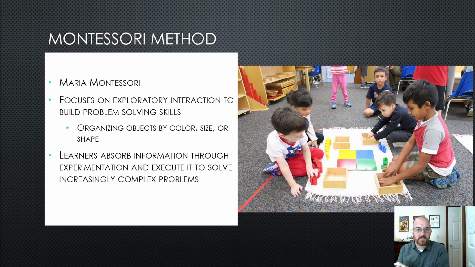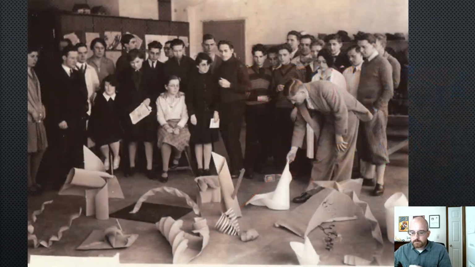This is actually one of the reasons that I have you do so much stuff in my classes apart from these lectures, because that's where you really internalize these concepts. Here's an image from the famous German design school, the Bauhaus, taken in 1928. Professor Joseph Albers is evaluating student projects where they had to make forms out of paper and cardboard.